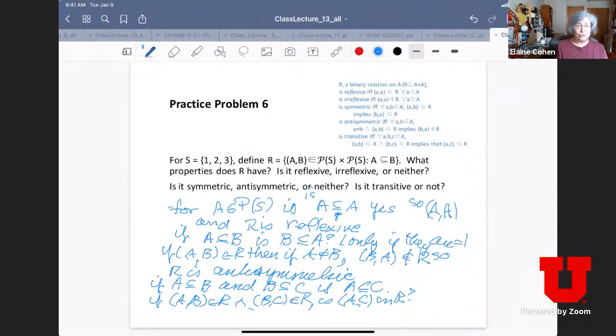Remember what we have to do when we prove subsets. If A is a subset of B, it means if x is in A, then x is in B. And if B is a subset of C, if y is in B, then y is in C. So if A is a subset of B and B is a subset of C, then if x is in A, it's in B. If it's in B, it's in C. So A is a subset of C. Yes.